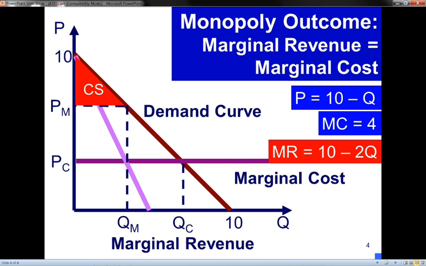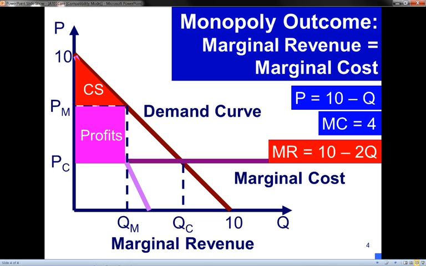What's happened to that area, that big red triangle? Well, part of that now becomes actual profits for the monopolist. Profits meaning that the price at which the monopolist is selling, given by PM here, is above the cost that it's costing to produce at the marginal cost. And so the difference between PM and marginal cost, that is a per unit sold profit.